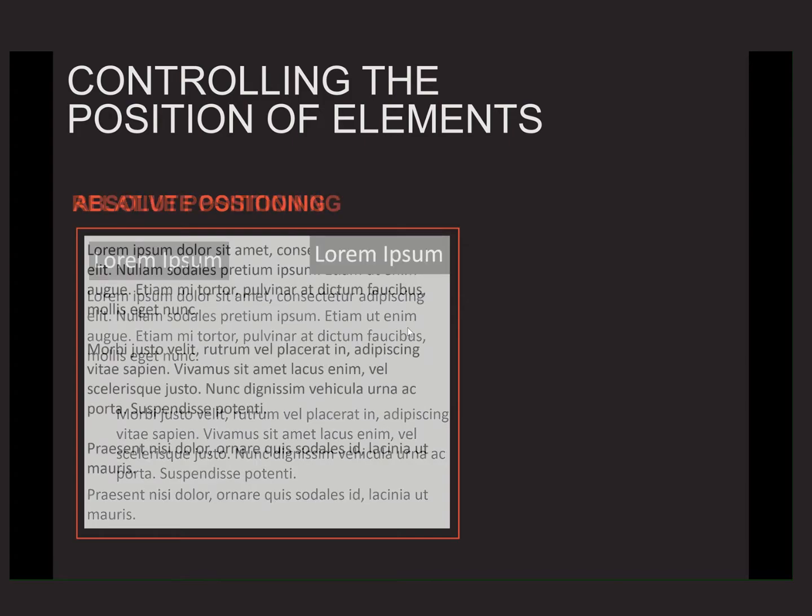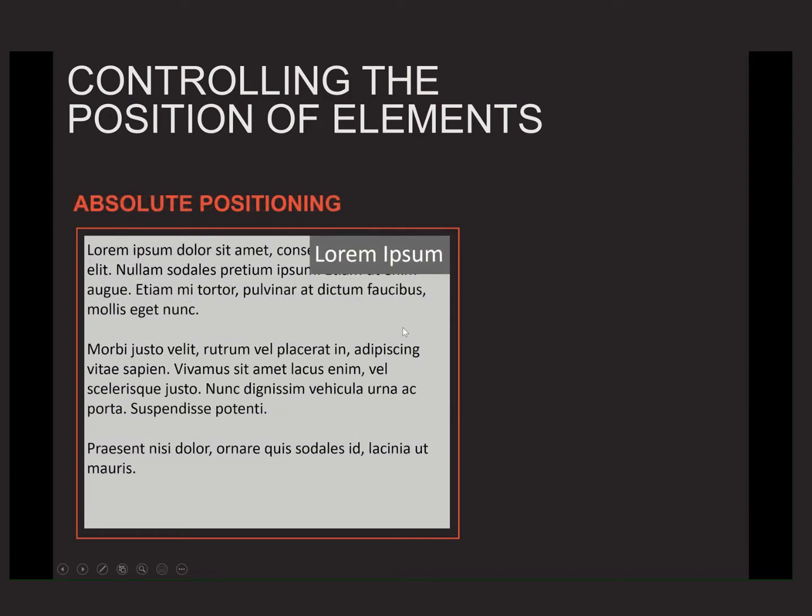And then the last one is called absolute positioning. For absolute positioning, you set the location relative to the containing element. For example, you want to put this at 80% or 90% or 60% of the width, and the height from 0 maybe.